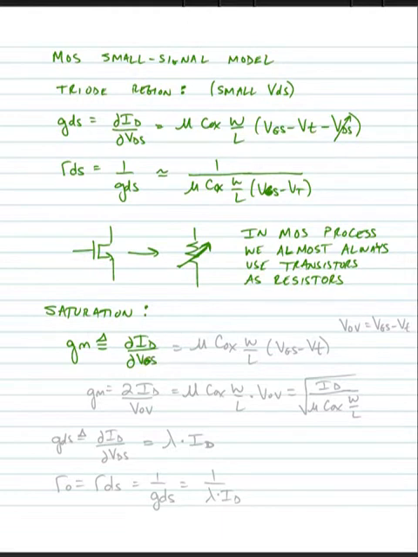If we go back to our equation for our saturation region and take the derivative, we would get an expression mu times COX times W over L times VGS minus VT. And remember, sometimes we substitute VOV is equal to VGS minus VT.